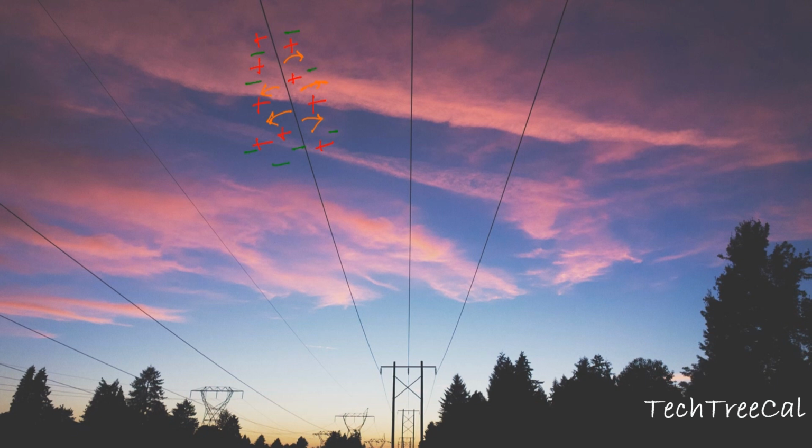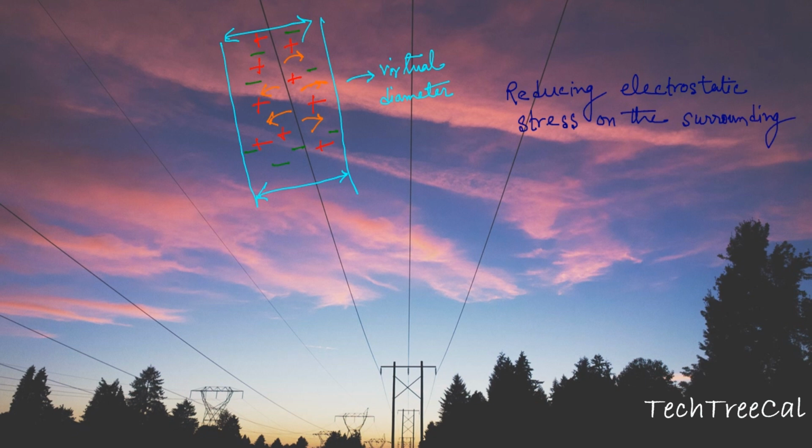This increases the virtual diameter of the conductor. That means the entire region becomes a conductive region. Now what is the advantage of this phenomenon? This reduces the electrostatic stress on the surrounding air and improves system performance.